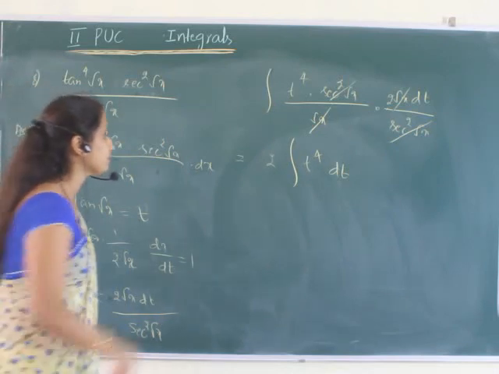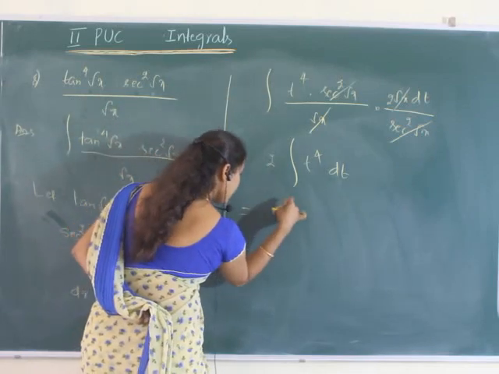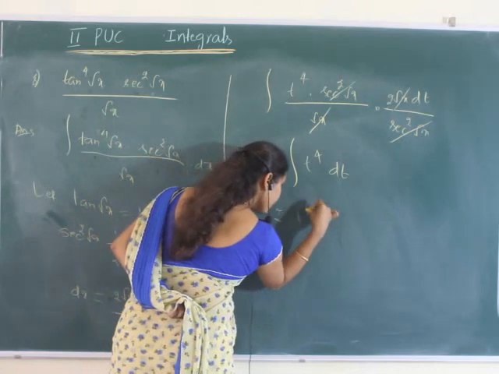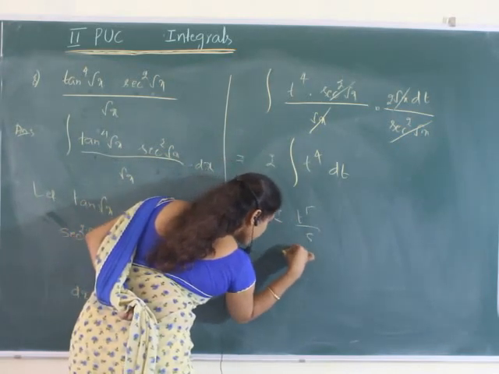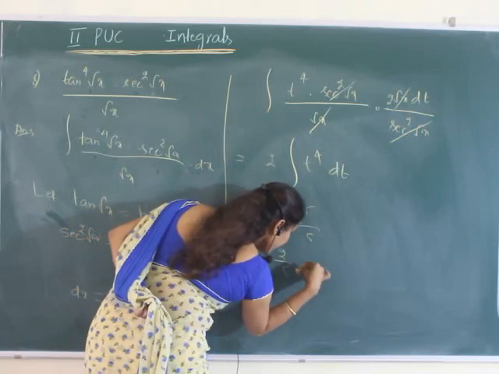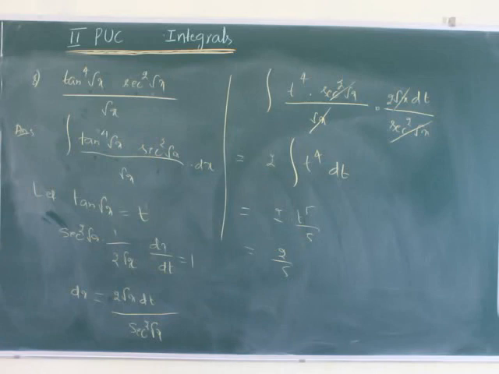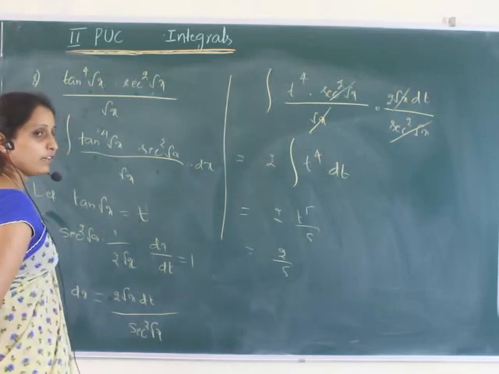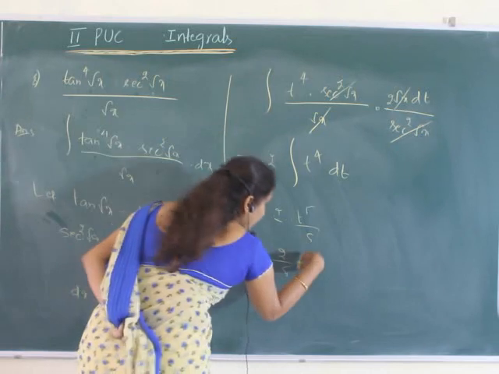Therefore it will be 2 into t to the power 5 by 5. So this will be 2 by 5 into tan √x to the power 5, or we can write tan to the power 5 √x.